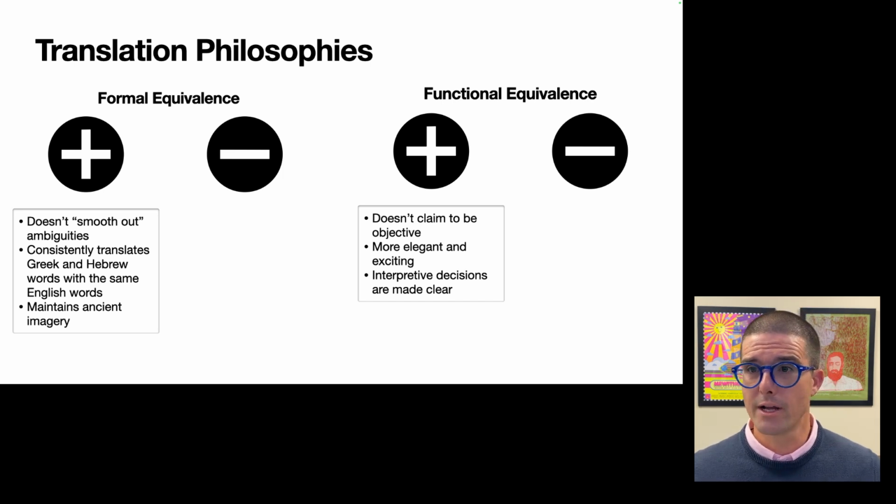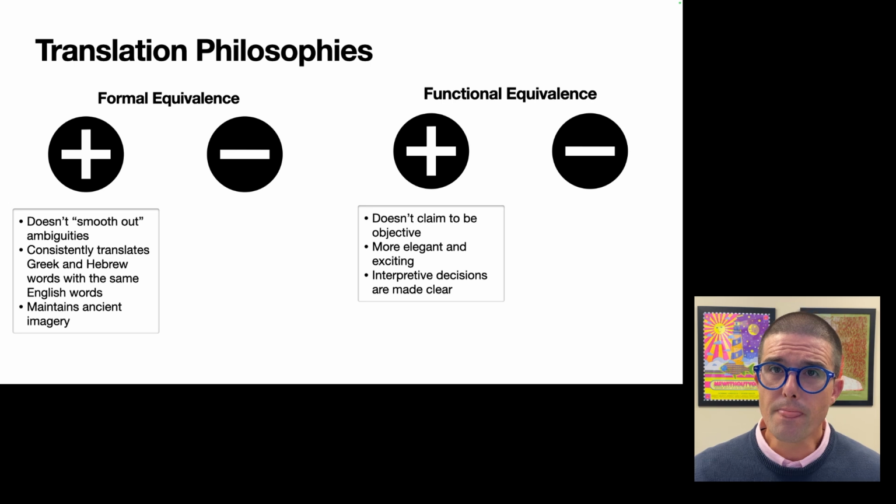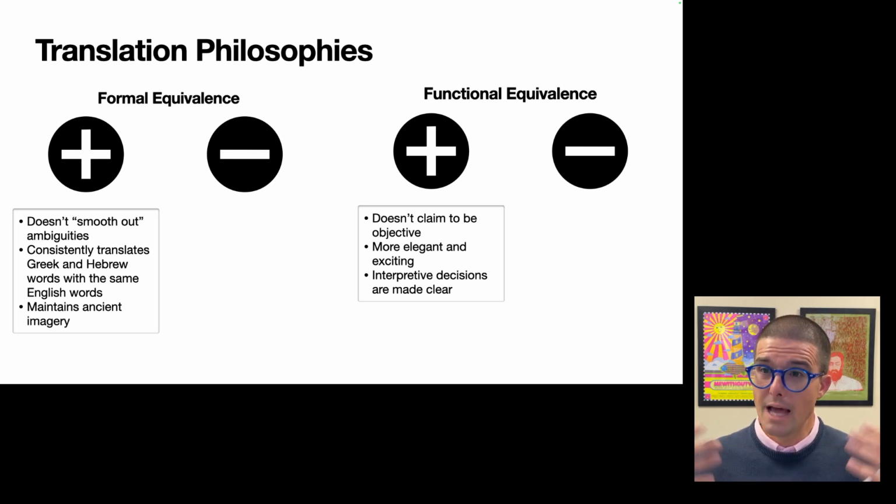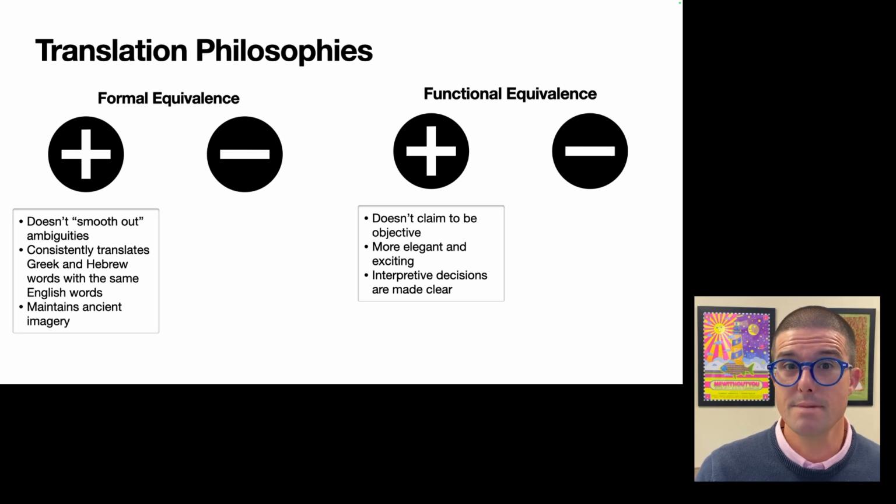If there's some grammatical debate about what the grammar means, the formal equivalence translations are okay letting that ambiguity stand, and they don't smooth it out, which allows the reader to decide on their own what the text means.